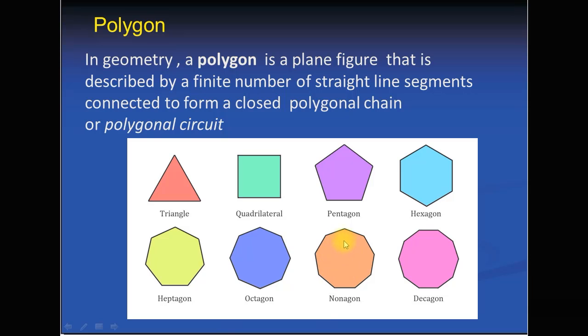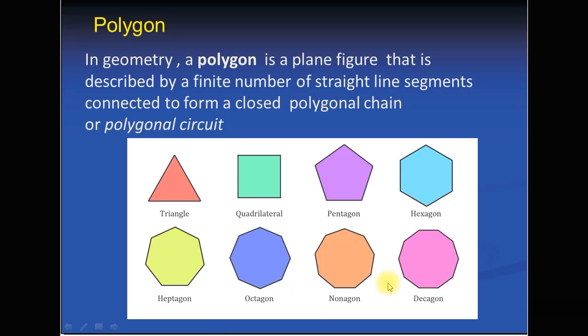Nonagon. Nonagon is a polygon in which there are 9 line segments connected to form a closed polygonal chain. You can count the sides of this polygon: line segment number 1, 2, 3, 4, 5, 6, 7, 8 and 9. So nonagon is a polygon in which there are 9 line segments connected to form a closed polygonal chain or polygonal circuit.